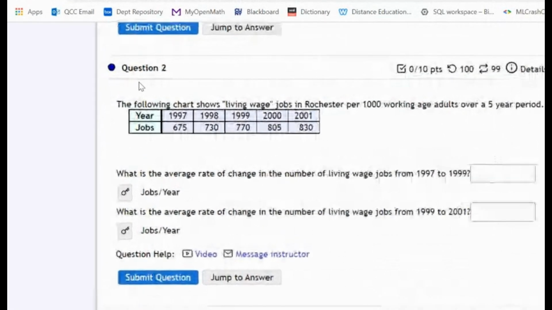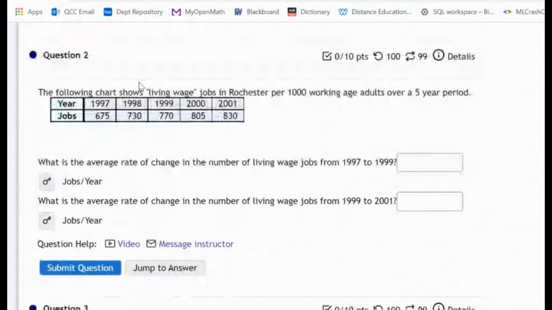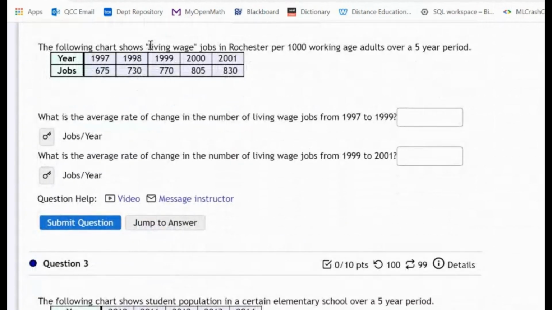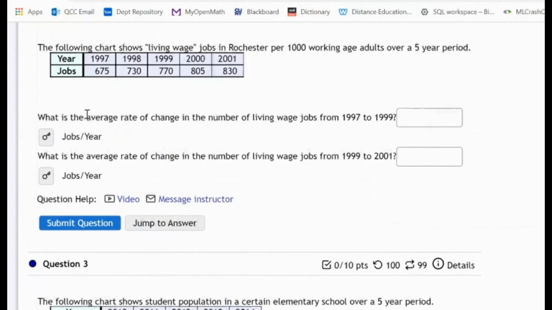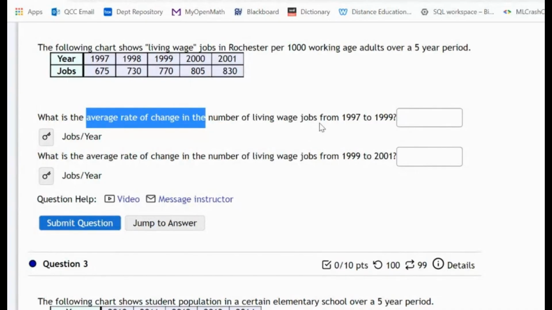Okay, so in fact, question 2 is an example. This chart shows the living wage jobs in Rochester for 100 working age adults over a 5-year period. The year and the number of jobs are shown. What is the average rate of change in the number of jobs from 97 to 99?